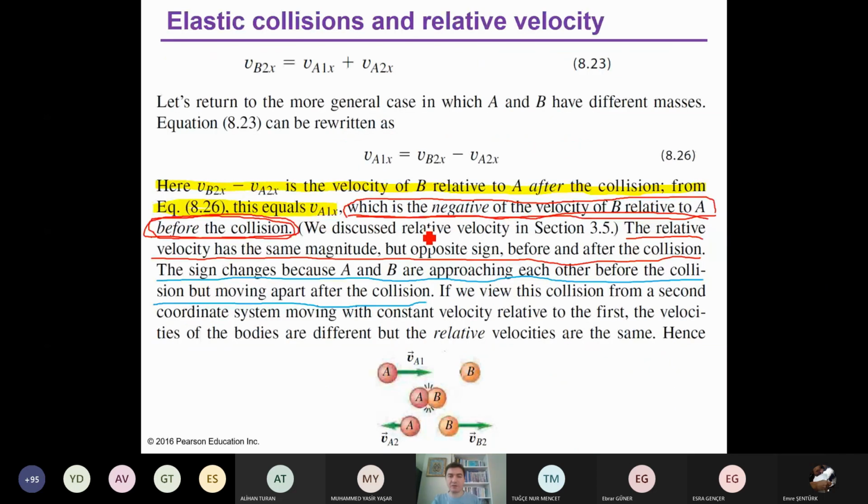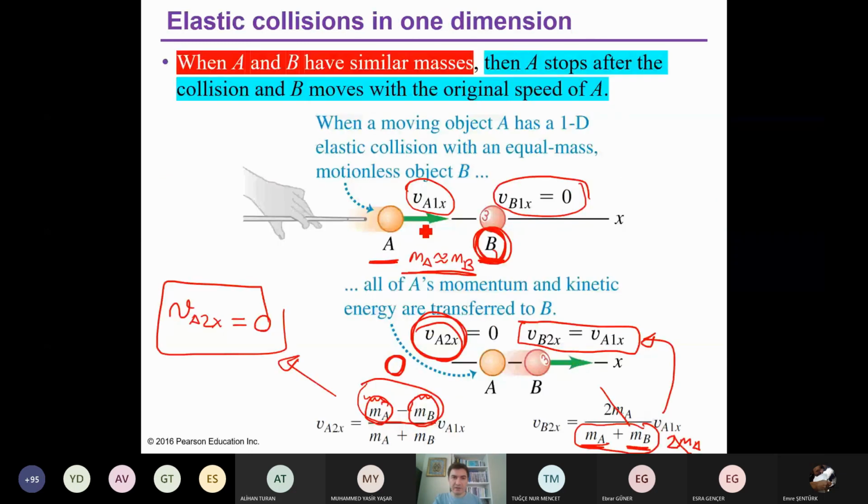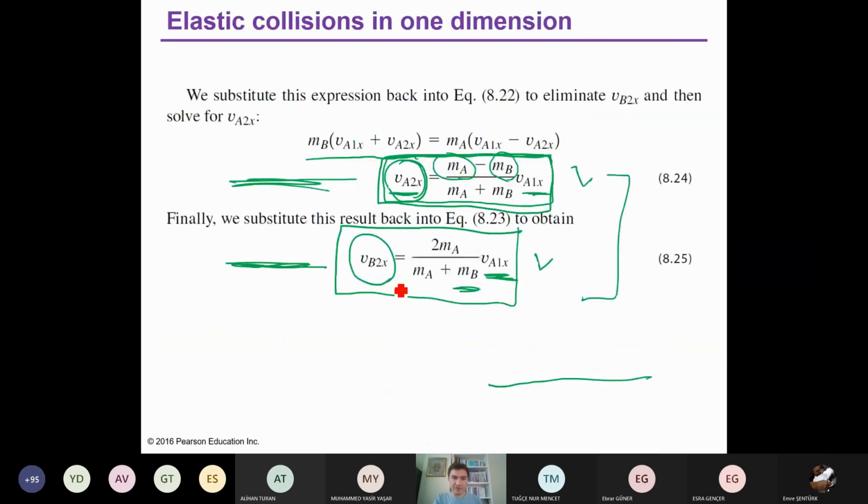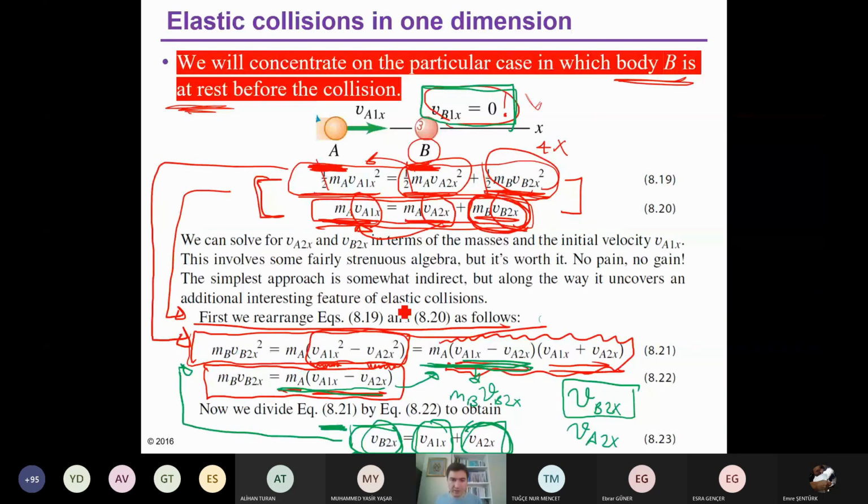Then let me continue. In this part of my lecture, we got this expression: the final velocity of the B ball is equal to the initial velocity of the A ball plus the final velocity of the A ball.